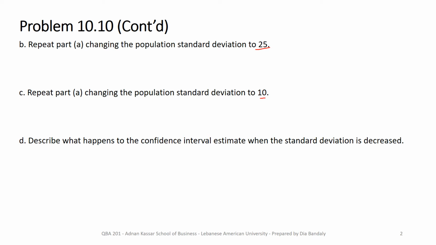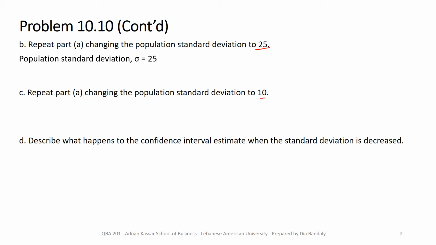So what changes, in fact, when the population standard deviation changes? Nothing will change about z, right? Z alpha over 2 is exactly the same because the confidence level did not change. All that will change in our calculation is that sigma is now 25, which will change the sampling distribution, which is sigma over the square root of n.